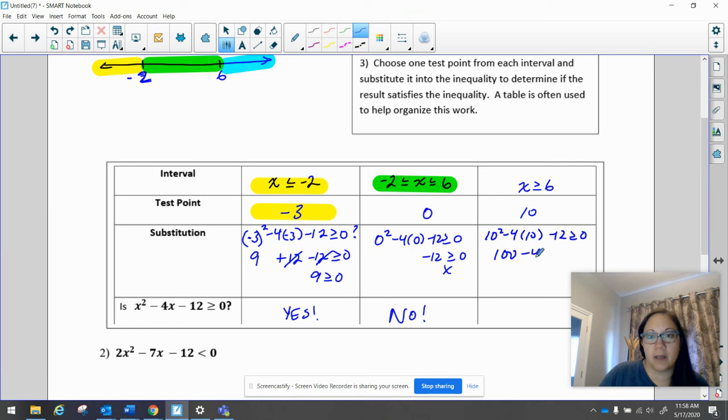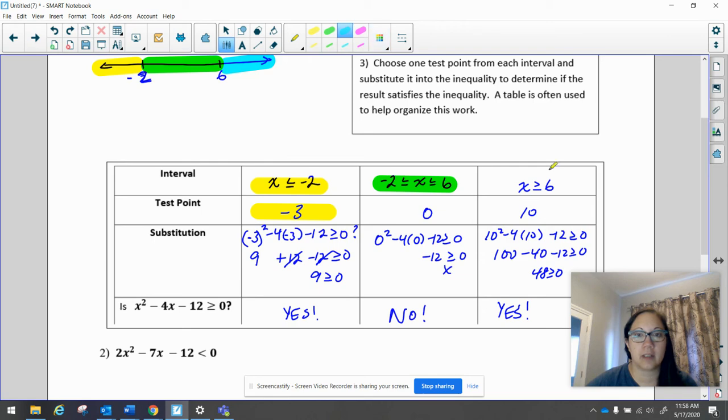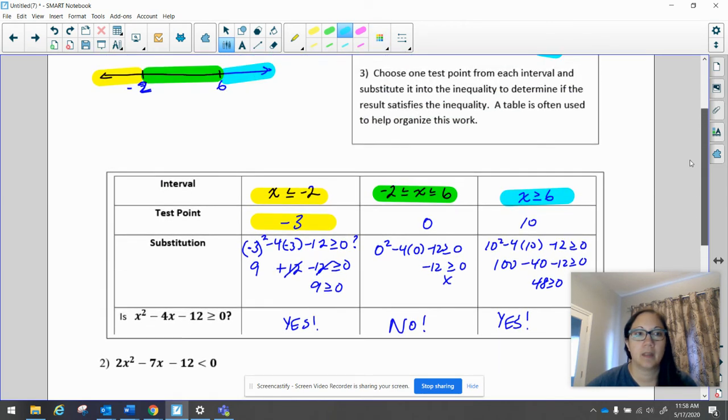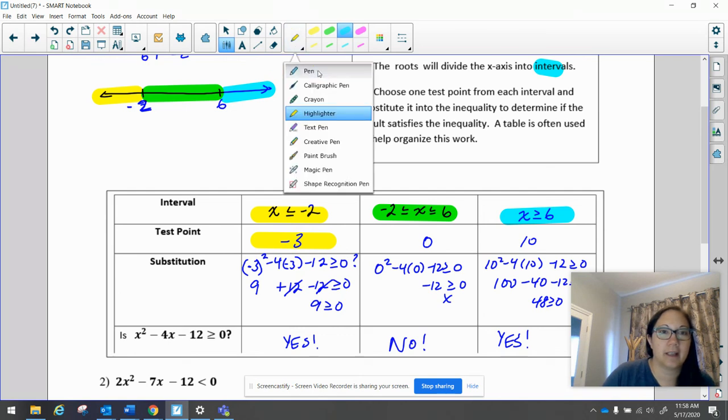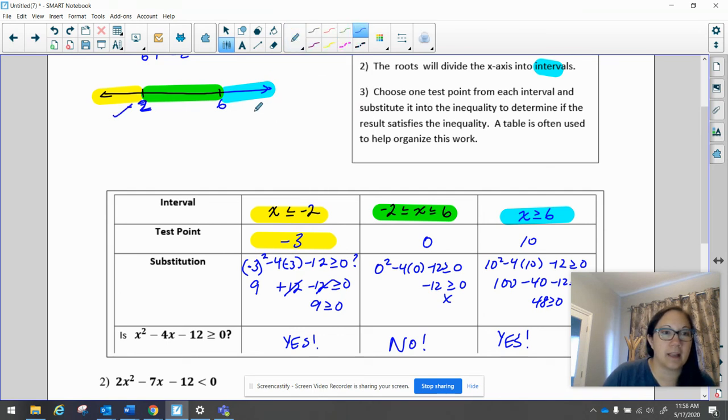So I get 100 minus 40 minus 12 is greater than or equal to 0. So I get 48 is greater than or equal to 0. And yes, that's true. So my final answer is where I got my yeses. I better highlight this just to be consistent. So there was my third region. So in other words, this was right, this was right, and this was not right.